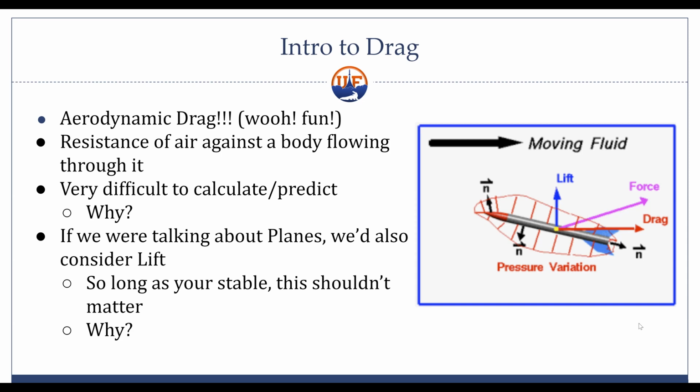And if we're talking about planes, and then also on this diagram, for example, we'd also consider lift. Lift is the same thing as drag, but instead of being down against the rocket, it'd be up instead. So we wouldn't consider lift in this case, for rockets at least, because so long as you're stable, pretty much the lift is negligible.